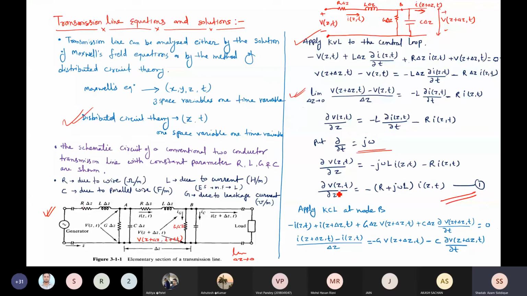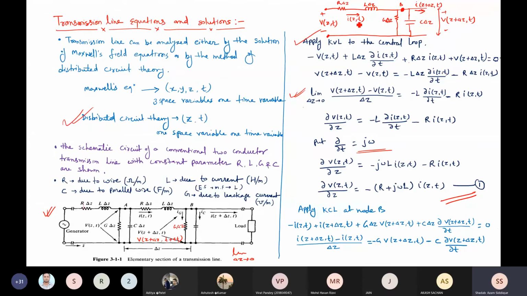Now we will see the second equation. I will try to find the second equation by applying KCL at this node, node B. What is KCL? KCL means the current entering a particular node should be equal to the current which is coming out from the node.